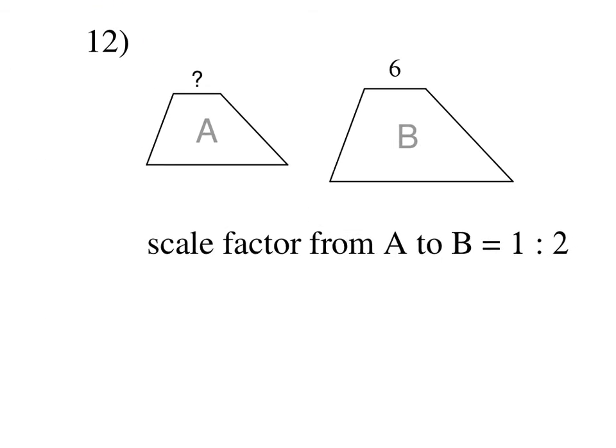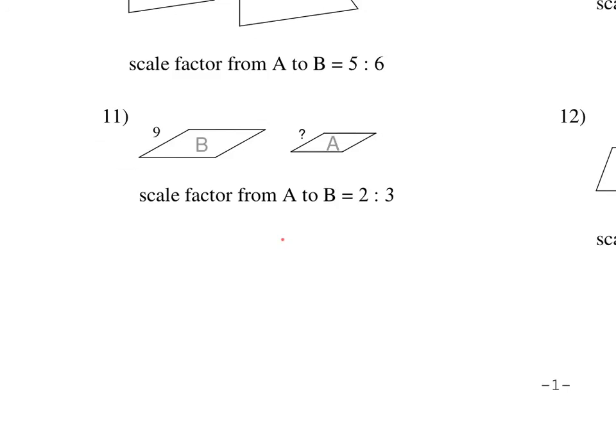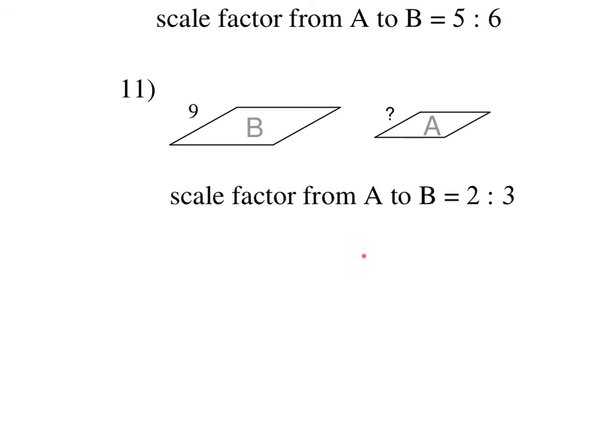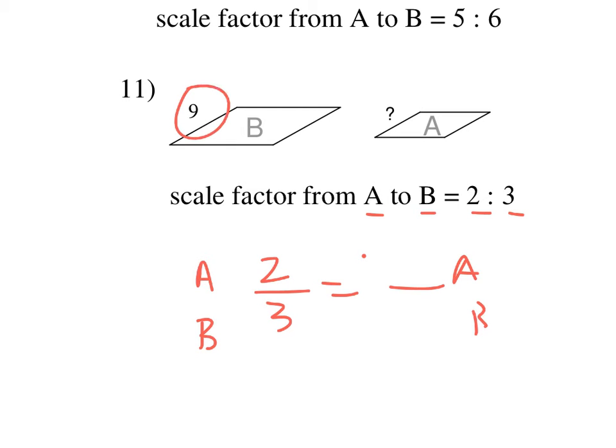Let's do number 12. No, let's do number 9. Okay. So it has A to B, 2 to 3. The top is A, the bottom is B. I see a 9, that goes with the B, so that's going to go on the bottom.